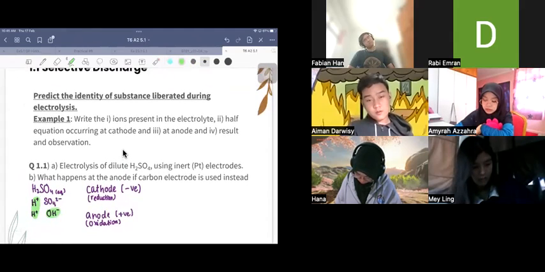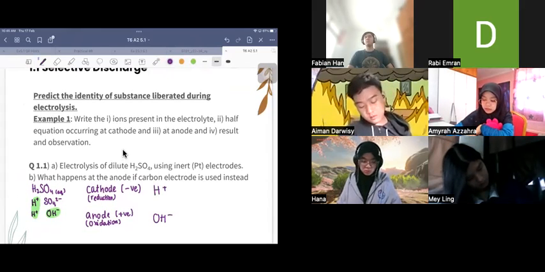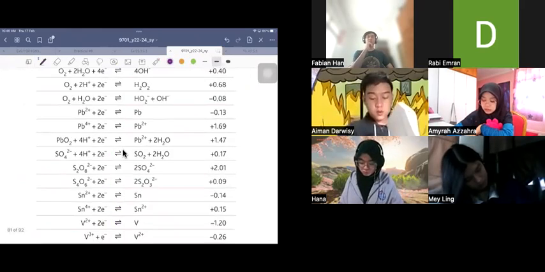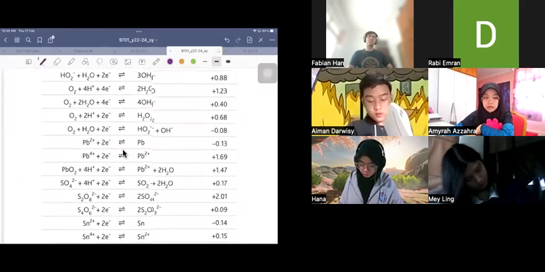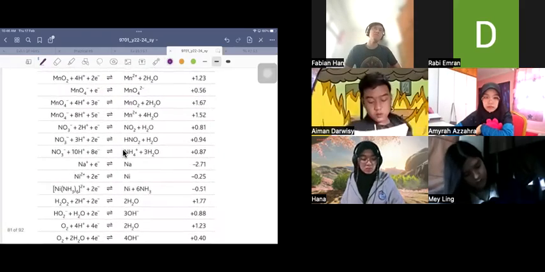So next we have to write down the equation. At cathode, which is the negative terminal, H plus is being selected, and at anode, which is the positive terminal, OH minus is being selected. Now, with the data booklet, you actually don't have to memorize the equation. So let's have a look. H plus reduction. If you are looking at H plus reduction, you should be looking at the left side.